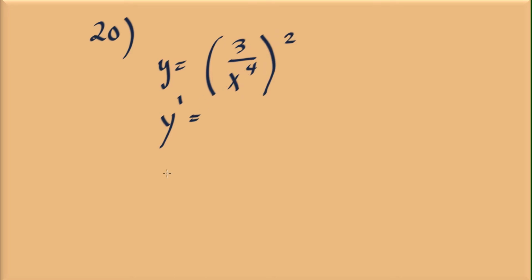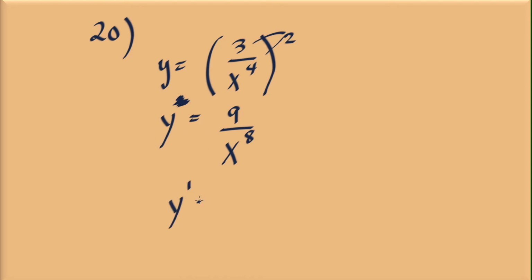The easiest thing to do here is to distribute this exponent 2 outside our parentheses. That means we have 9 over x to the 8, since 2 times 4 is 8. Hold on, this is not yet the derivative. This is still just renaming.